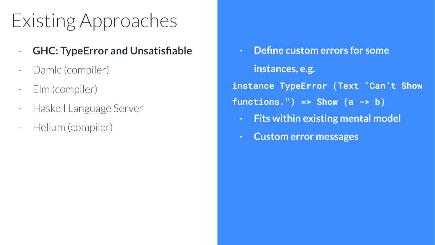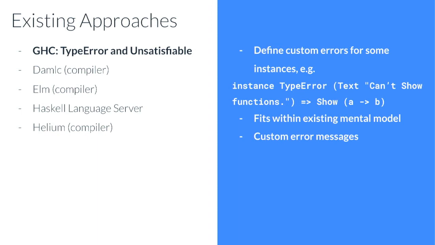So, for those who are not too familiar, you can have a Show instance on A to B, and then if somebody tries to show a function from A to B, they then hit this type error, right?